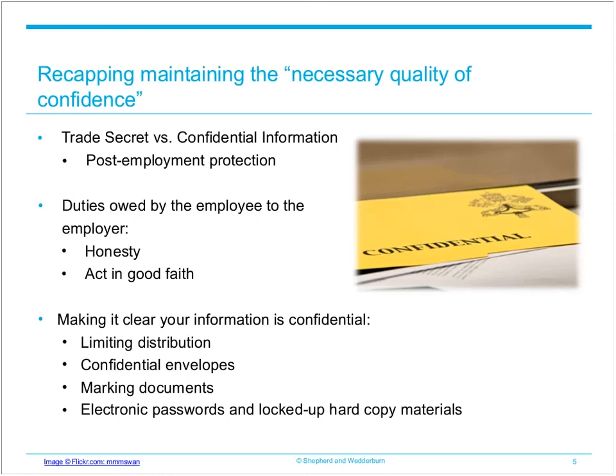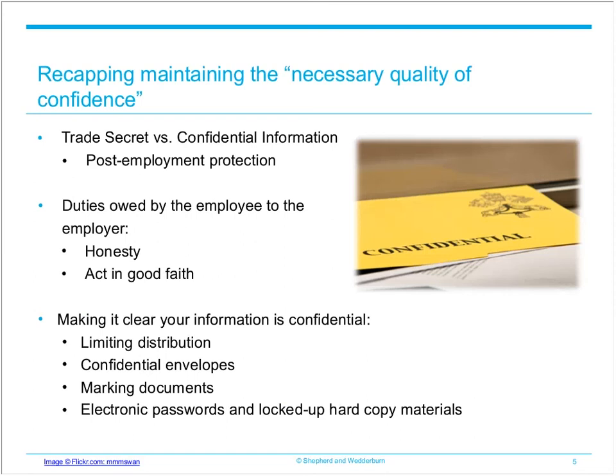We also looked at the duties owed by employees when they're passed confidential information by their employer. The general duty owed to the employer is one of honesty and good faith. In this context, it means not making a profit from or otherwise misusing the employer's confidential information.